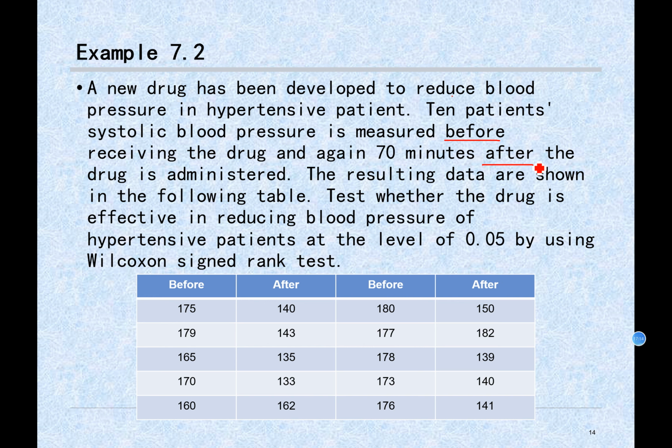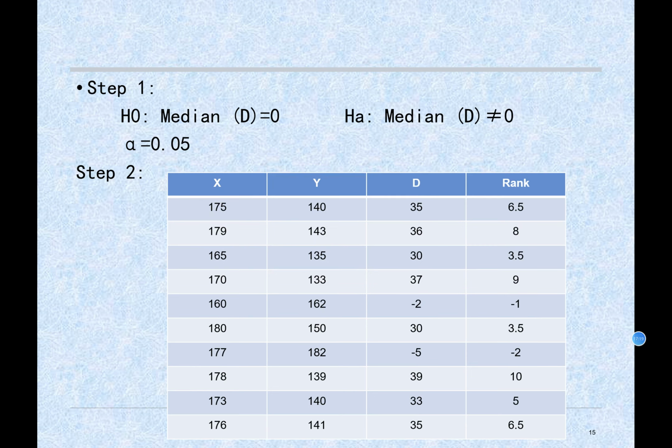So it follows the same procedure as the former example. The first step is to establish two statements of hypothesis. H0 is the same, median equals 0. But here we can find that it's not the median of x equals a given median, because in this question there is no given median.